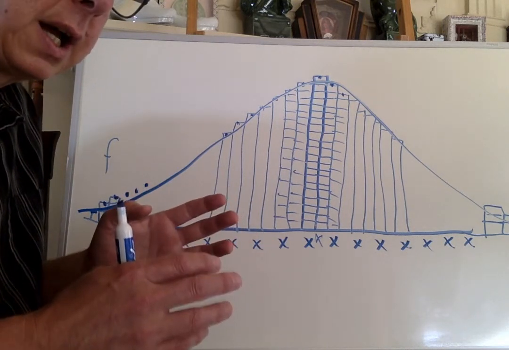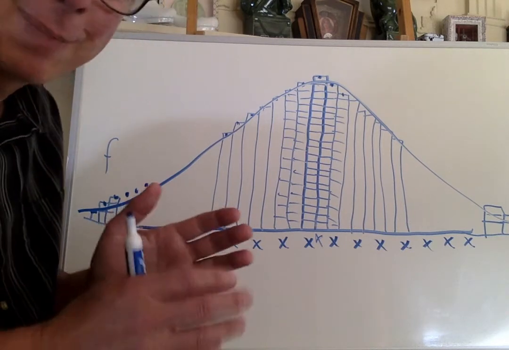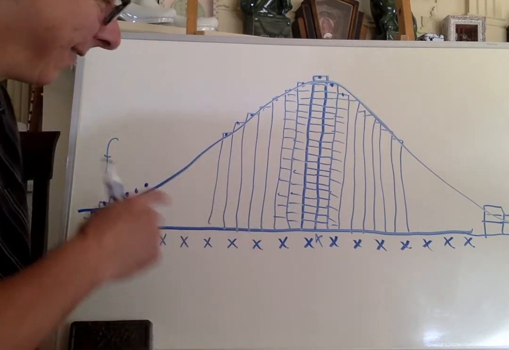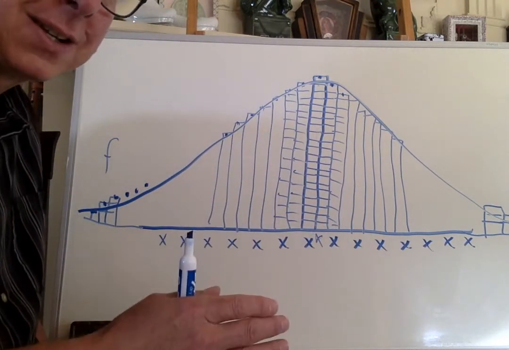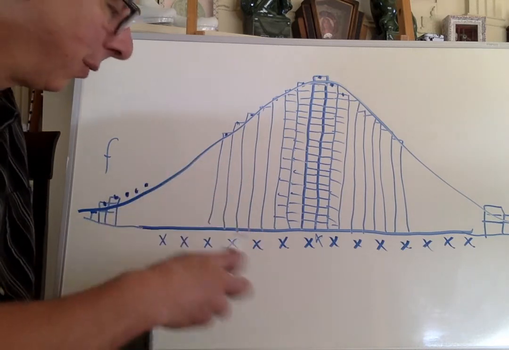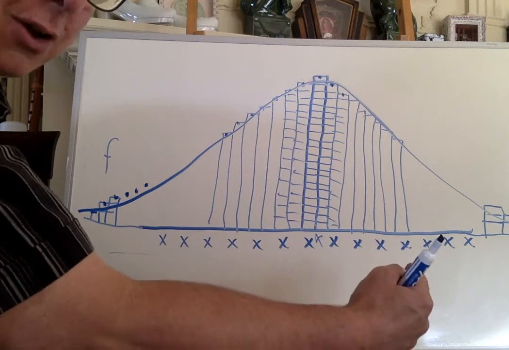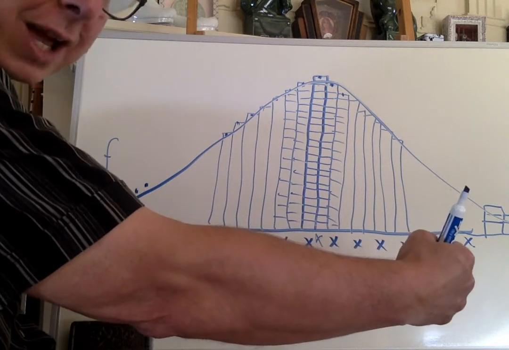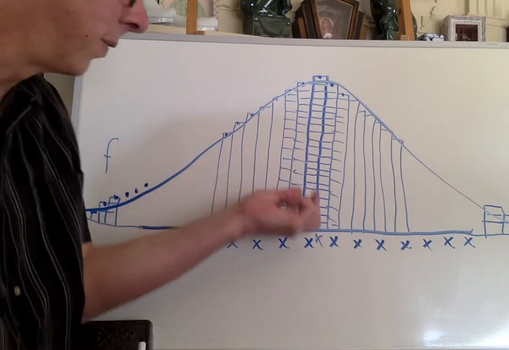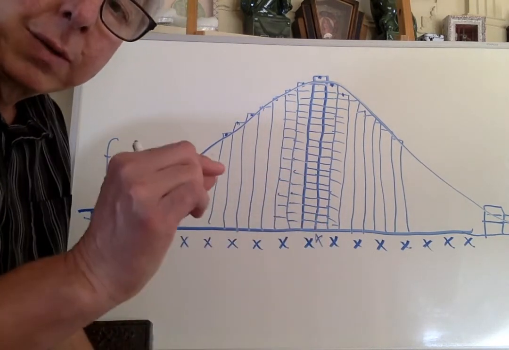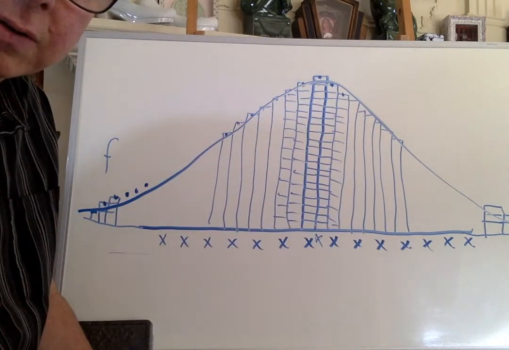And it really isn't a curve, it's a polygon. The reason it looks like a curve and we talk about the normal curve is because when we talk about this stuff, this x-axis is tremendously long, wide, okay, in terms of our interval. And so these are really narrow, and when we connect all these little narrow columns, it looks like a smooth curve.